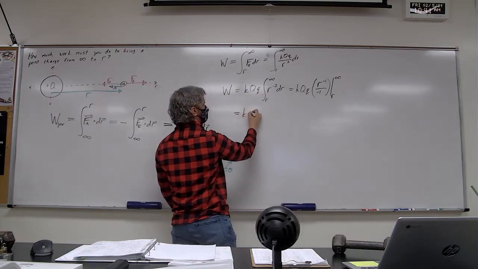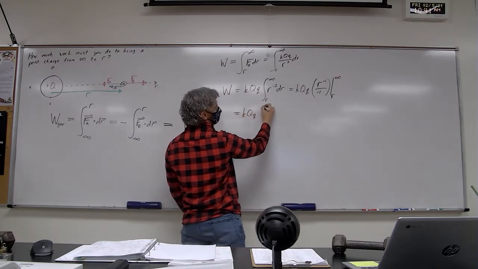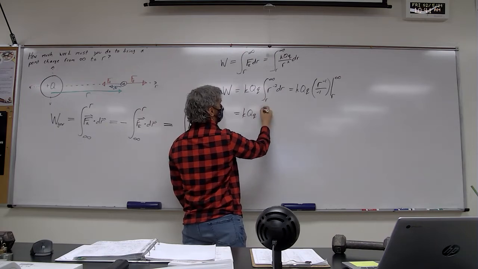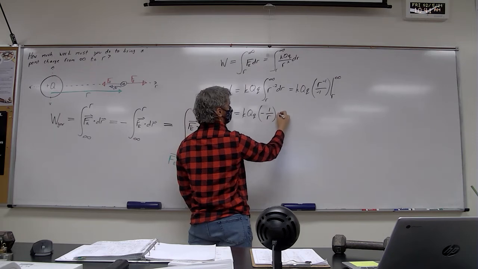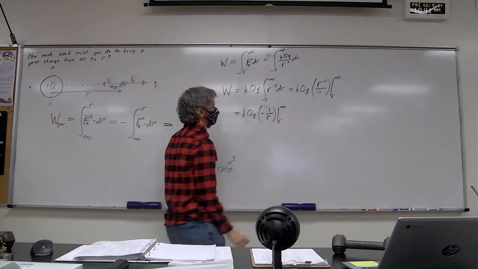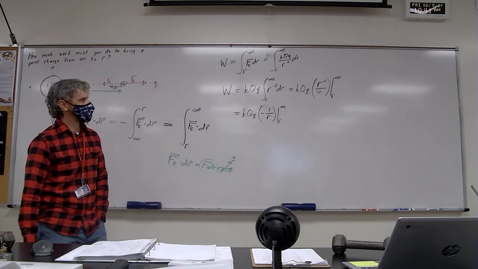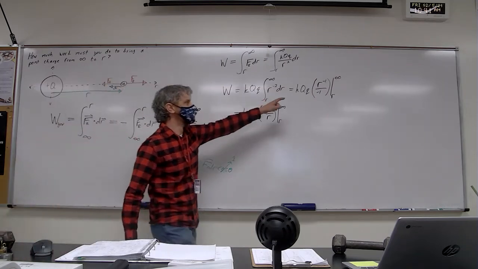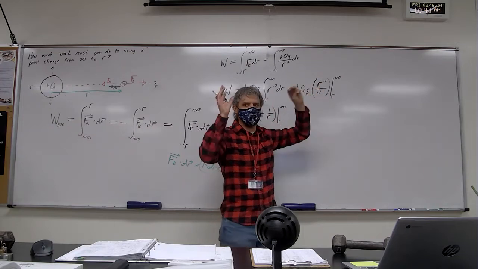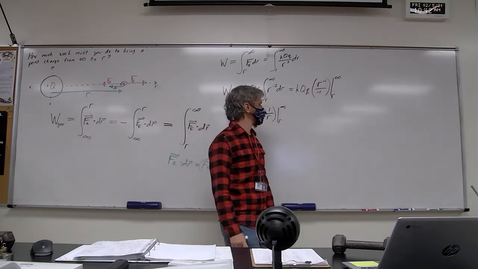which is going to be k big Q little q times, and I'm even going to do this step, negative 1 over r from r to infinity. Because I know I'm going to be plugging infinity in, and even though I know r in the numerator here is technically in the denominator, visually that's going to throw me off.